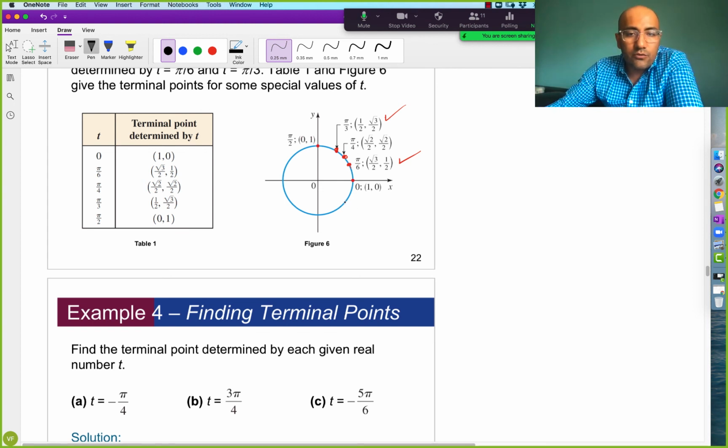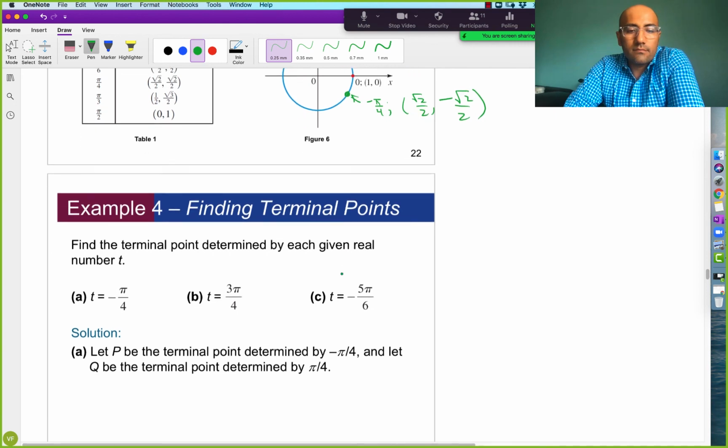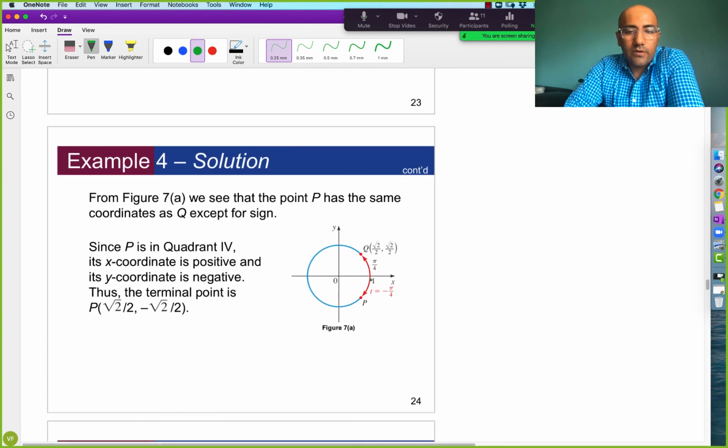From that, we can deduce that the terminal point determined by t equal to negative pi over 4 is positive root 2 over 2 comma negative root 2 over 2. Good. Questions? No? Okay, so we go down by negative pi over 4.